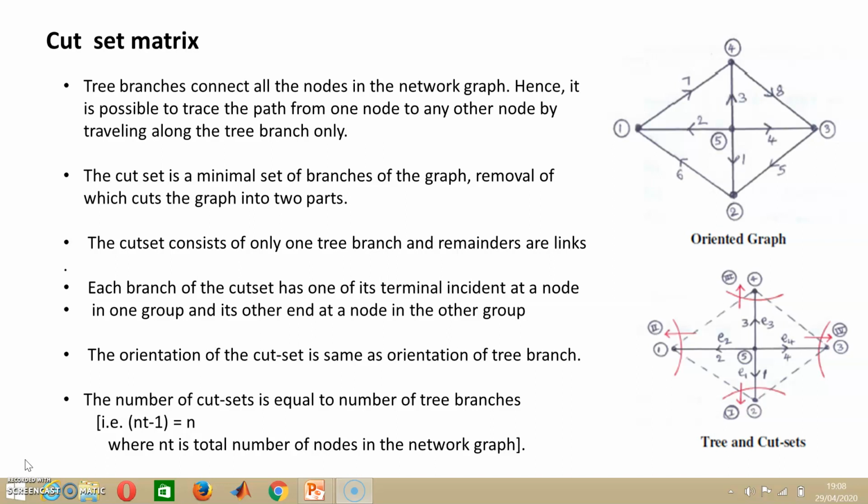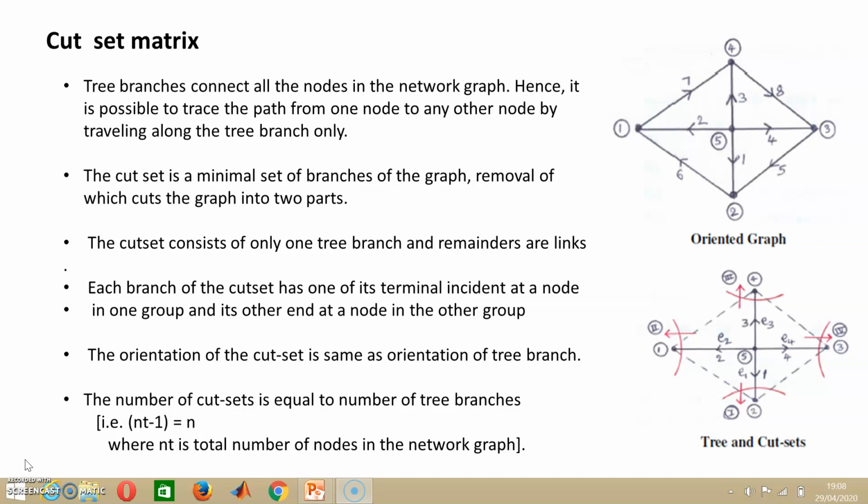The tree branches are 1, 2, 3, 4. Any one tree can be selected; here one tree is selected. And you can also see the red marked curves at 4 places. Let me explain the speciality of those curves marked at only 4 nodes but not at the 5th node.